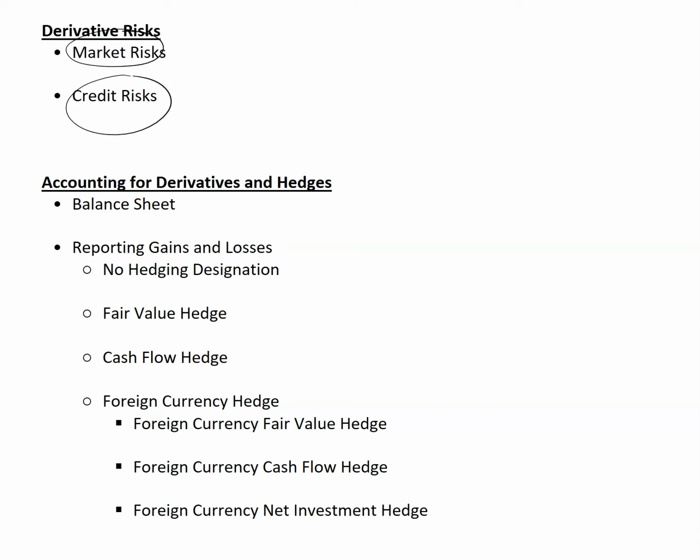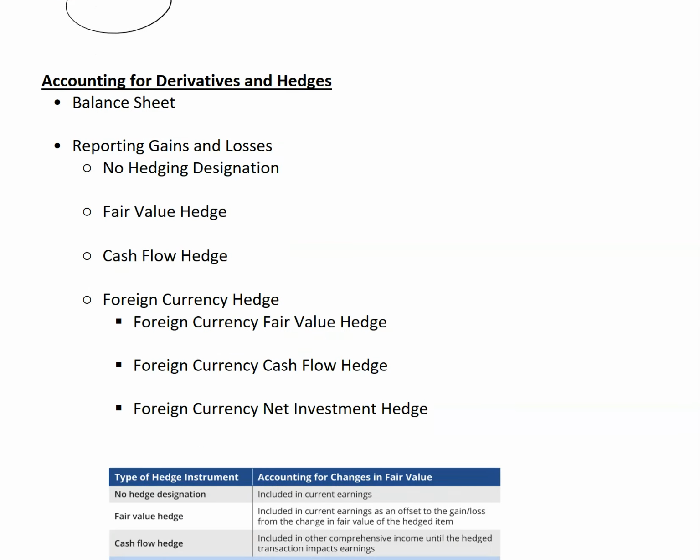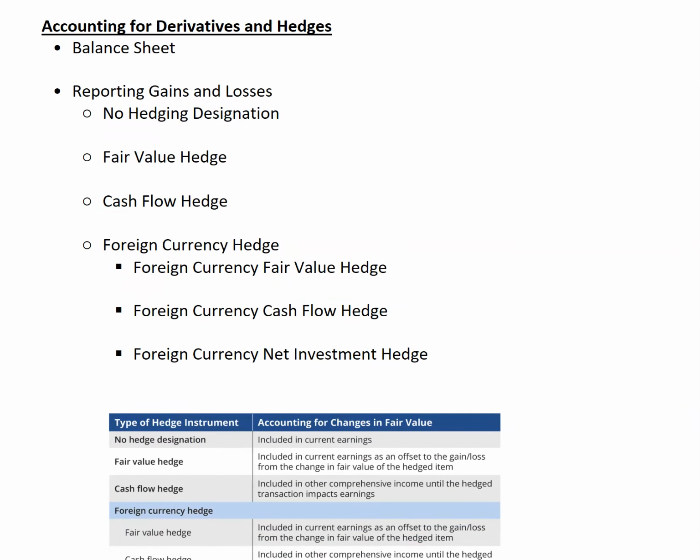And then here you will see some of the accounting part, how the contracts will impact your financial statements. Of course, for financial statements, we always know the balance sheet and income statement, and we have a little about the statement of cash flows.